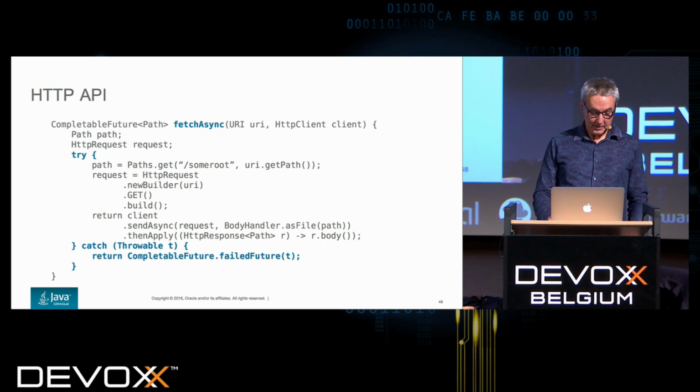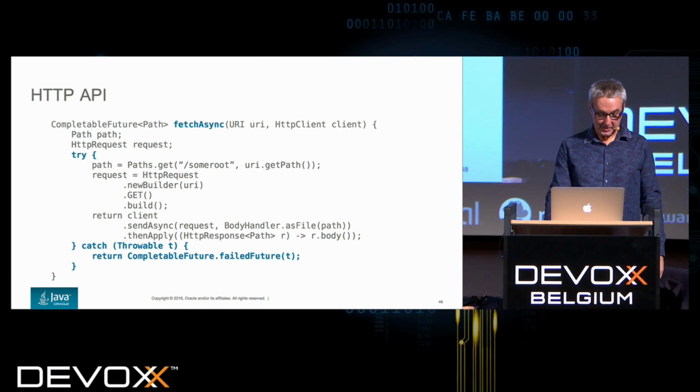So it's better to do something like this and catch exceptions that can be thrown at the time when the method is called. And in this case, catching all Throwables, return CompletableFuture.failedFuture, which is a CompletableFuture that has already been completed exceptionally with the exception that you've given it.